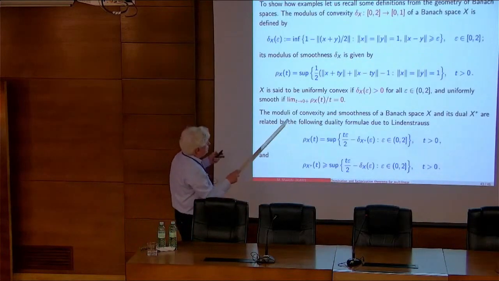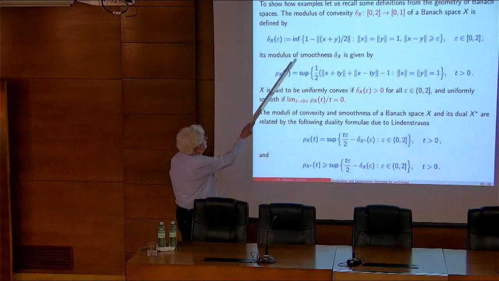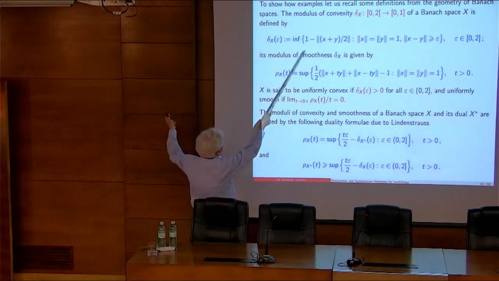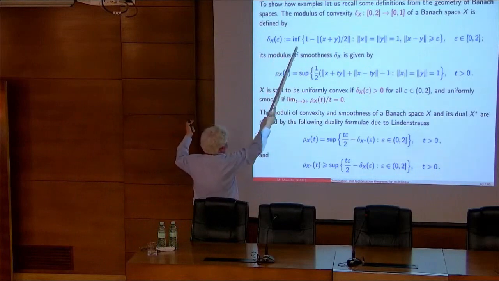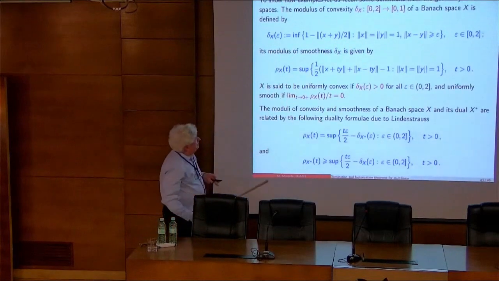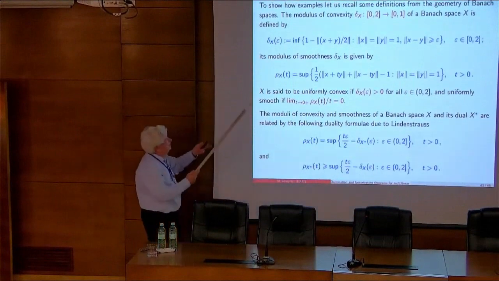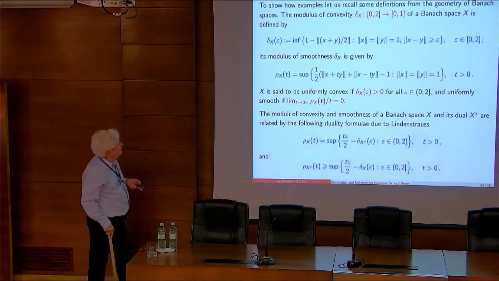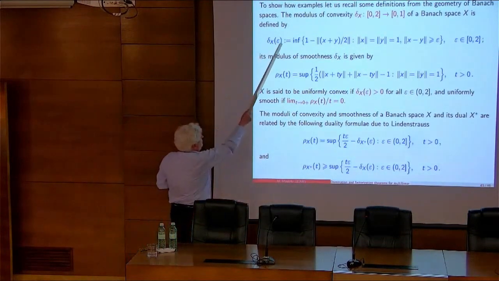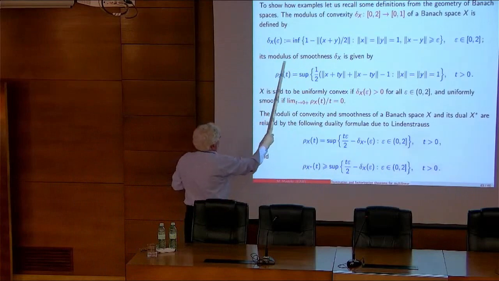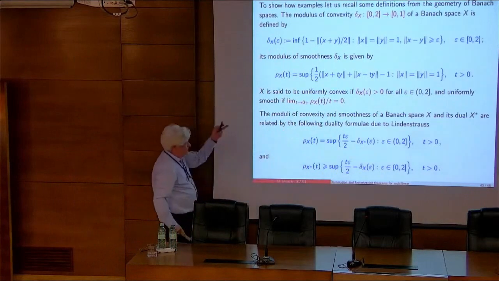So, examples. This was mentioned many times. A Banach space is uniformly convex whenever the following functional is positive for epsilon from 0 to 1. We see by the definition that epsilon must be from this interval. This is the so-called modulus of uniform convexity. Whenever this is positive, that space is called uniformly convex. And the modulus of smoothness was introduced by Lindenstrauss.